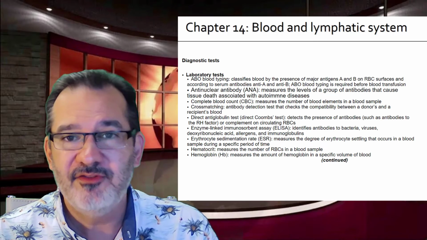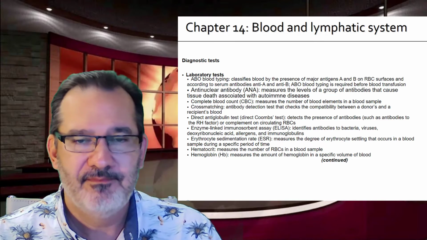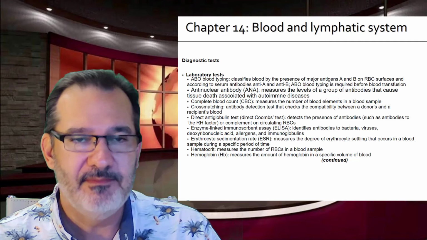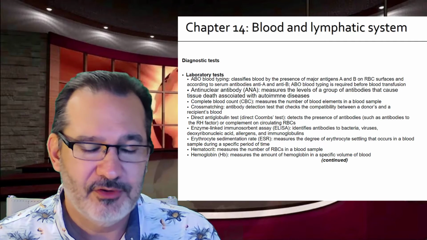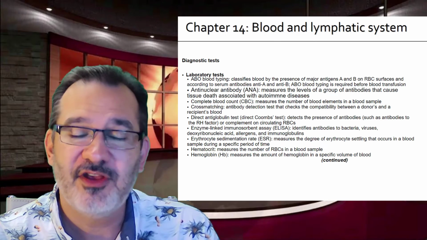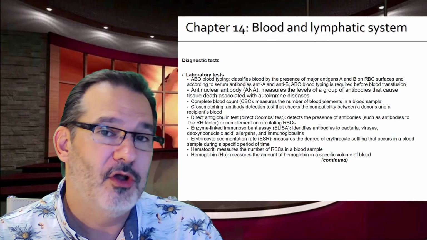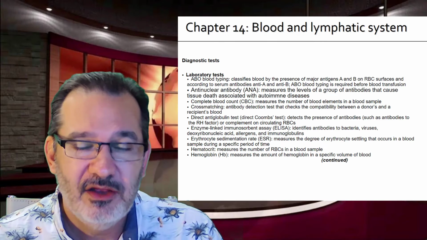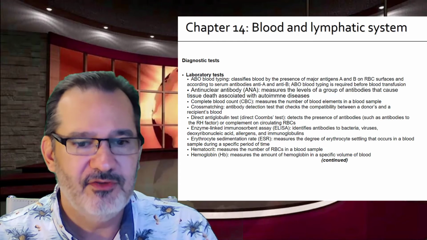ABO blood typing, sometimes we call that ABO-RH. So that would be A, B, or AB, and O with the rhesus factor, so ABO-RH. Erythrocyte sedimentation rate, or ESR. Sometimes it's called a Westergren or a SED rate. So it could be any of those things.